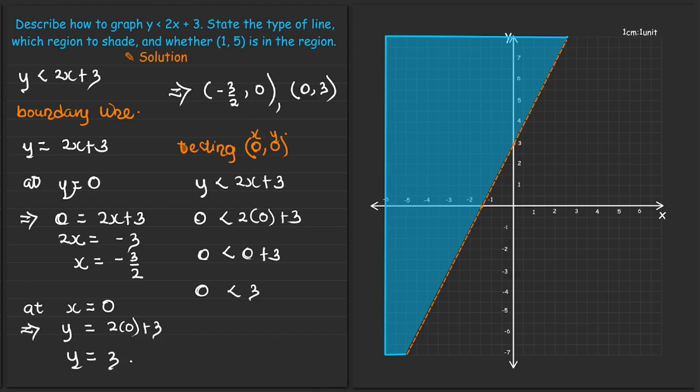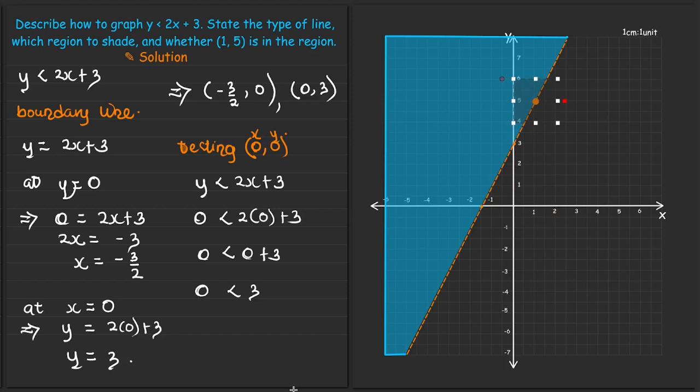Now the question goes on to ask you to determine whether 1, 5 is in the region that satisfies. Is it part of the region that satisfies? Let's locate 1, 5. That is x is 1, then we move up to 5. This is the point over here.